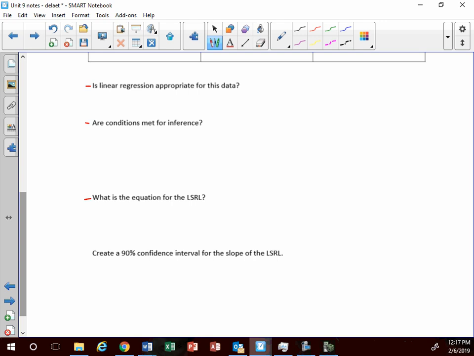Remember, you have to calculate your linear regression before you do your residuals. If you don't have that line, how do you know what the predicted value is?